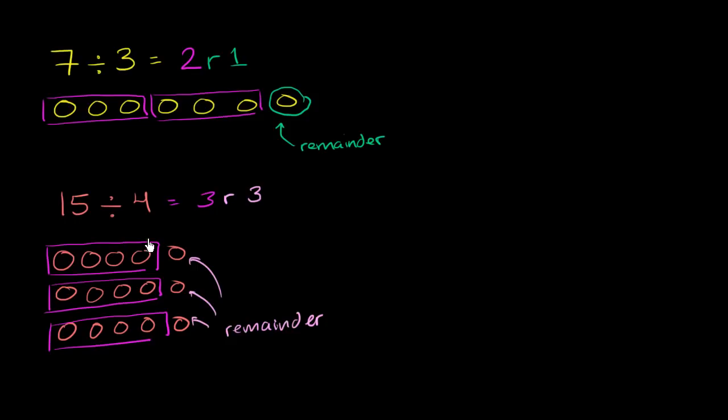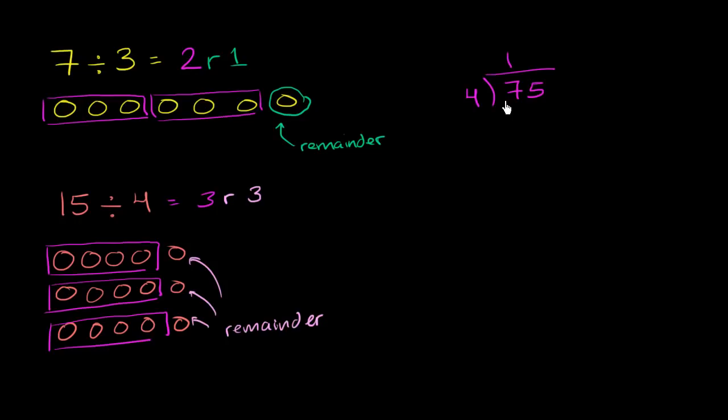Now let's try to think about this doing a little bit of our long division techniques. So let's say I want to divide 75 by 4. Well, traditional long division techniques, 4 goes into 7 one time.